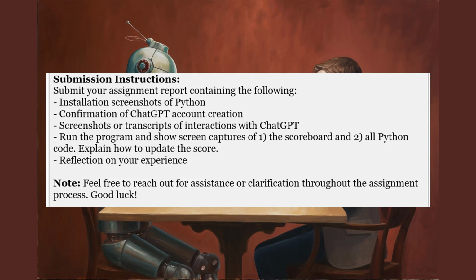Explain how to update the score. And finally, reflection on your experience. And finally, your teacher says feel free to reach out for assistance or clarification throughout the assignment process, and good luck. Note the length of the assignment. We will use ChatGPT to greatly assist in the integration of relatively complex concepts, Python programming, dashboards, etc.